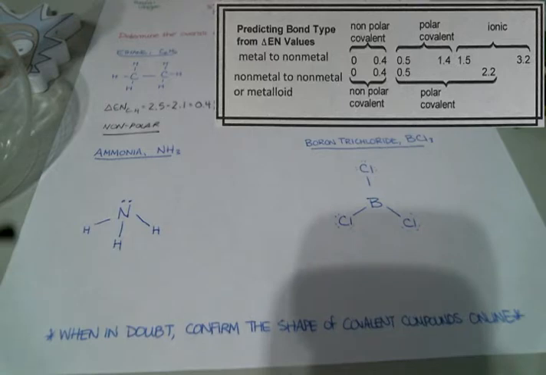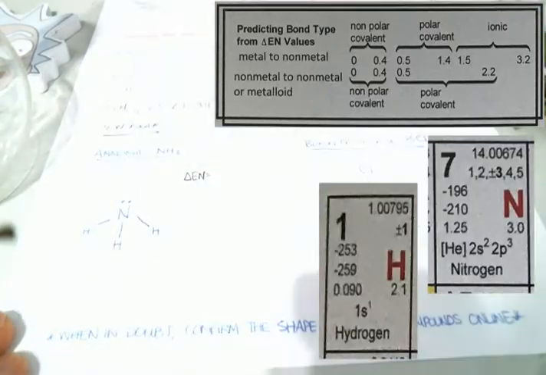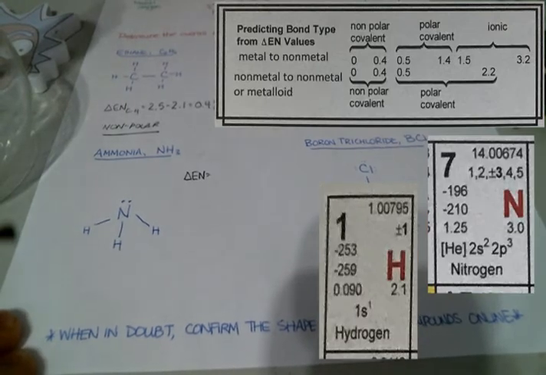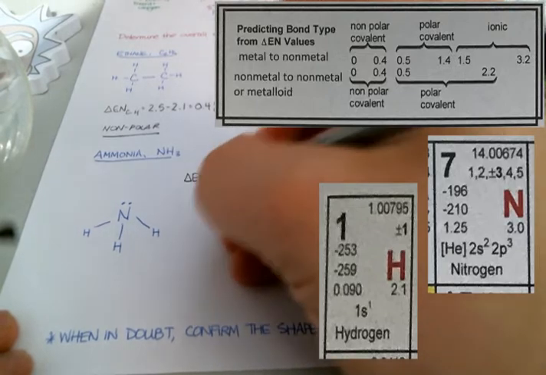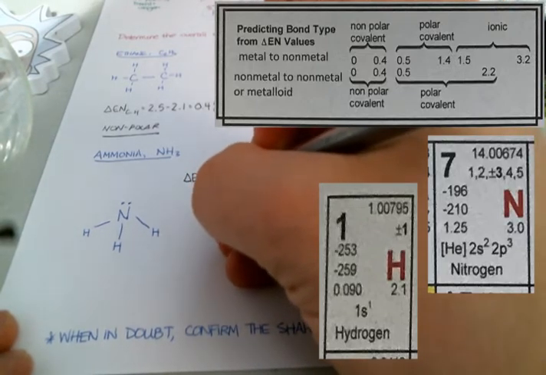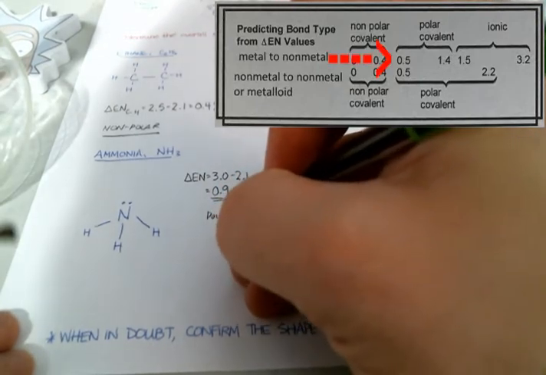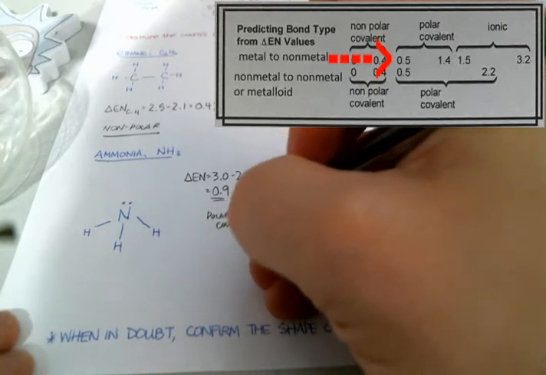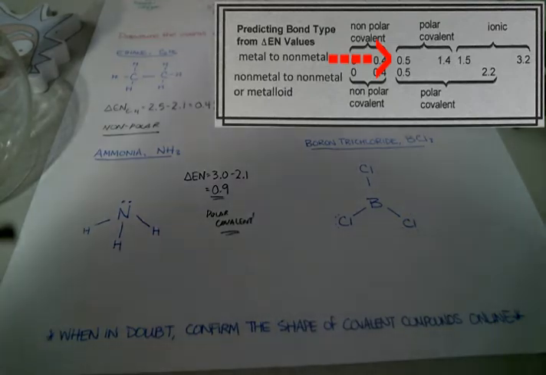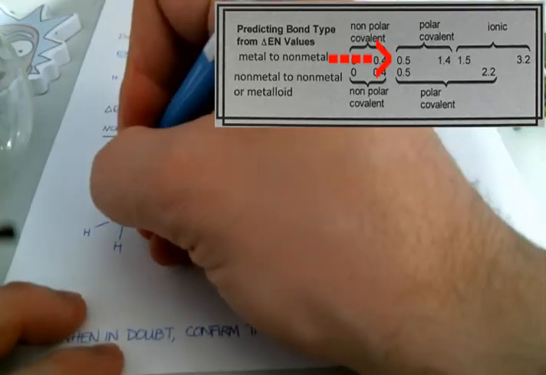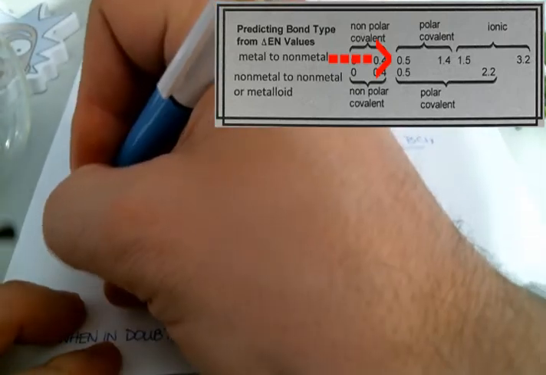So what we have to do, as always, find the delta EN. Okay, this time we have nitrogen and hydrogen. Nitrogen's electronegativity is 3.0. That's pretty high. Hydrogen's 2.1. Here's a number I'll never forget. So that gives me 0.9, or polar covalent. So that means that because it's polar covalent, I can put my delta minuses and pluses onto my molecule.